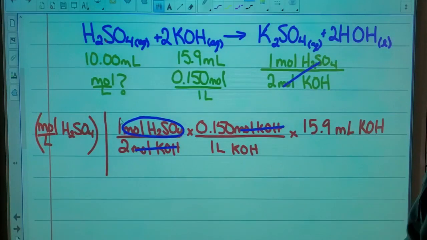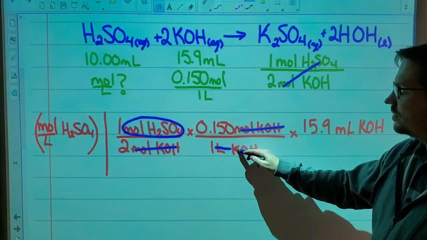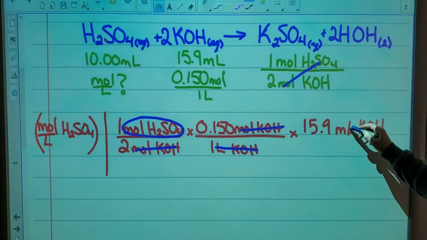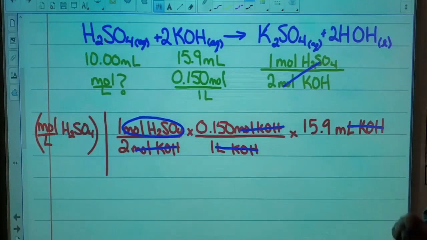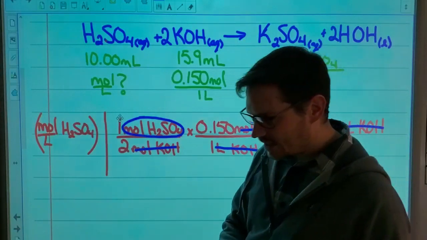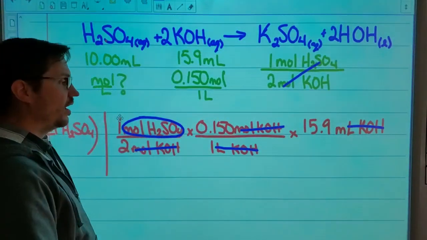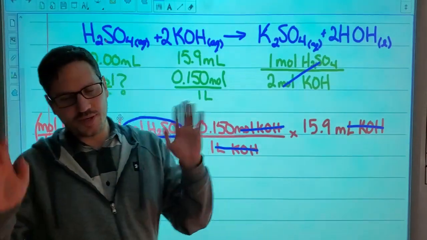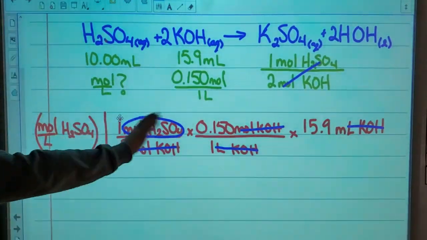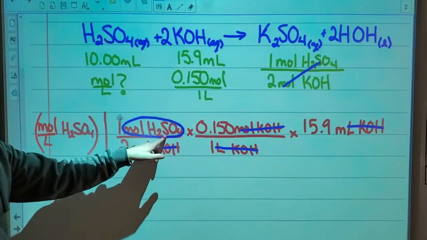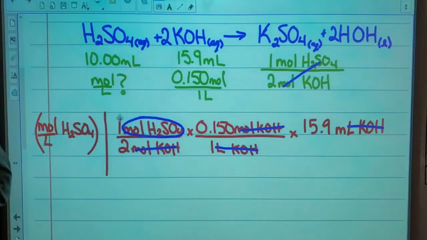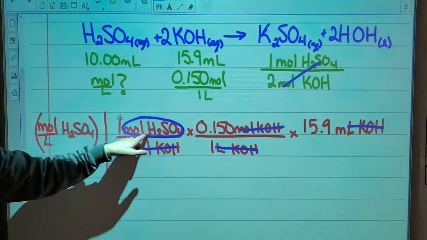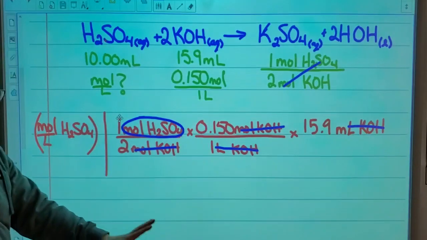So what happens is the liters of KOH and the liters of KOH, they cancel. So let's just take a step back. I've basically gotten rid of everything. I've got a milli here, sure, whatever. I've got every other unit other than the moles of sulfuric acid. So I want moles of sulfuric acid on top. Great, that's basically what I have.